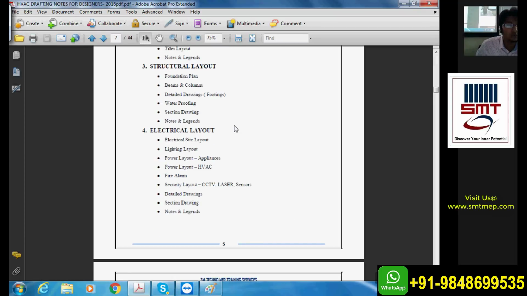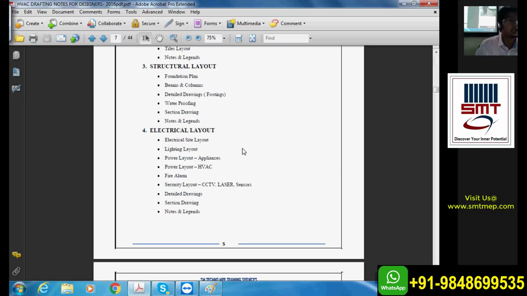The electrical layout is going to include most of everything on the electricity side, like lighting, the appliances connection, and your security, fire alarm, safety, and so on. So highlight the lighting layout, power layout for appliances, and power layout for HVAC. There is going to be an electrical appliance connection to your HVAC systems also.